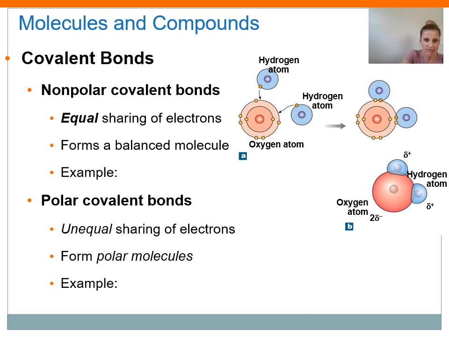So if I have two hydrogen, right, they're the same size, the same strength, so they pull on those electrons the exact same. It's perfectly balanced. O2, right, two oxygen, they're the same. This also happens when I have, I'm going to write it up here, when I have long hydrocarbon chains.